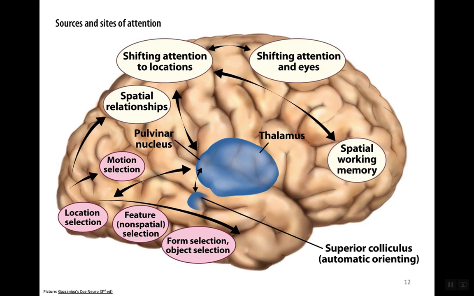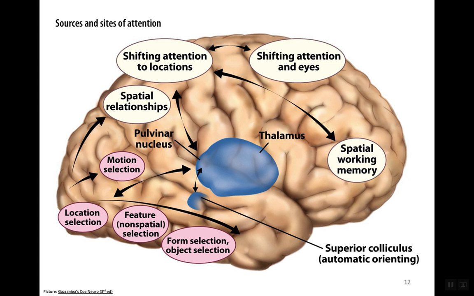And the story is a bit more complex in the sense that attention does not involve a single mechanism. If we talk about visual attention, for instance, that involves shifting attention to different locations in the environment many times. And whenever we shift our attention, we also have to move our eyes. So we process in a lot more visual detail things that we foveate, things that fall on the center of our retina, on our fovea.